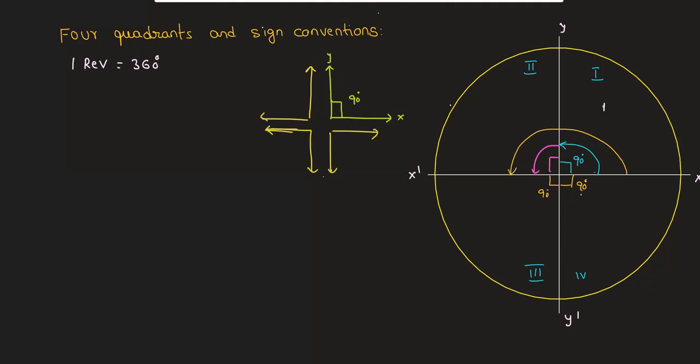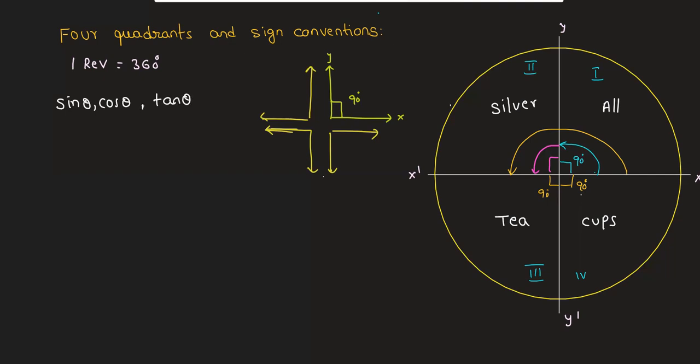That's why we have one formula here, a logic to remember: all silver tea cups. What it means is, in the first quadrant, whatever ratio you measure, the values are positive: sine theta, cos theta, tan theta.